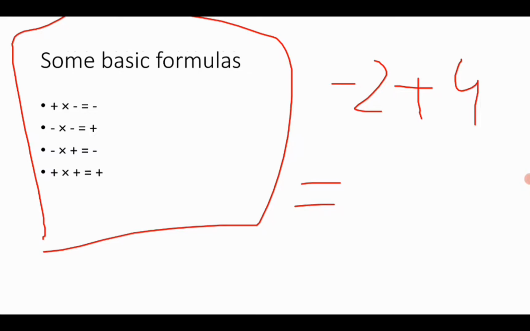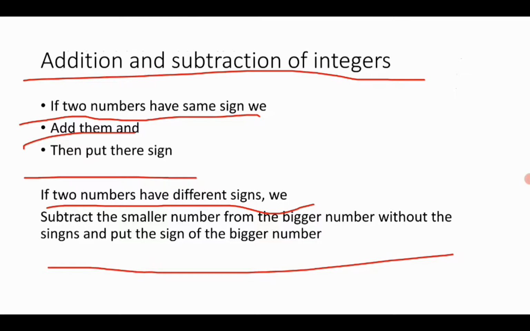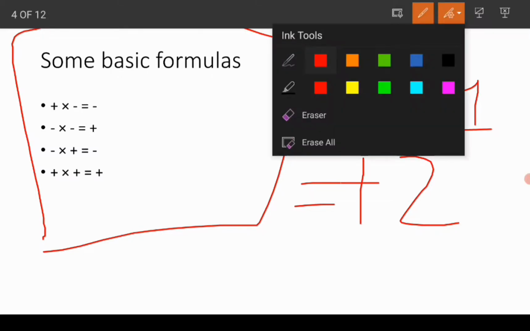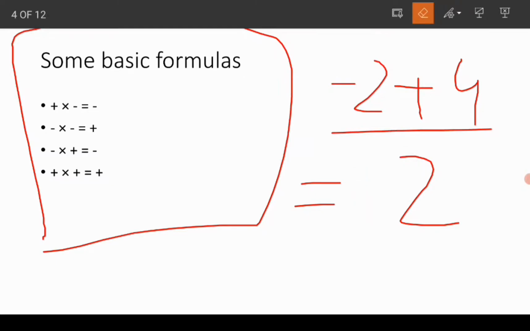So what is smaller here, 4 or -2? Obviously -2 is smaller. So we subtract 4 and 2. So 4 minus 2 is what? 2. Now here will we keep +2 or -2?